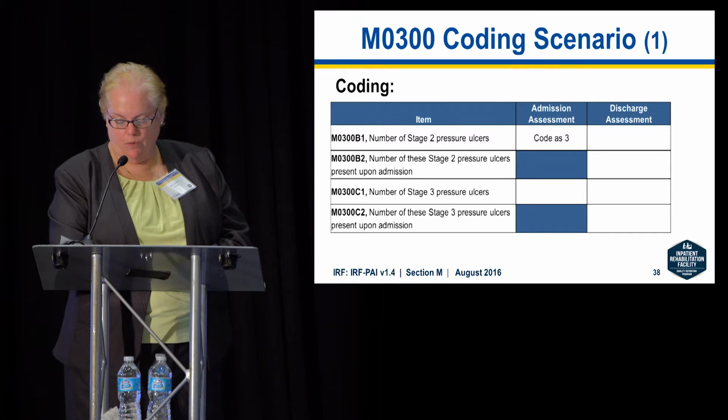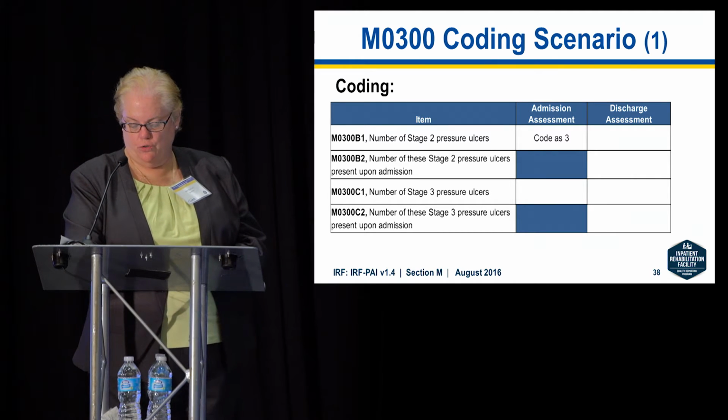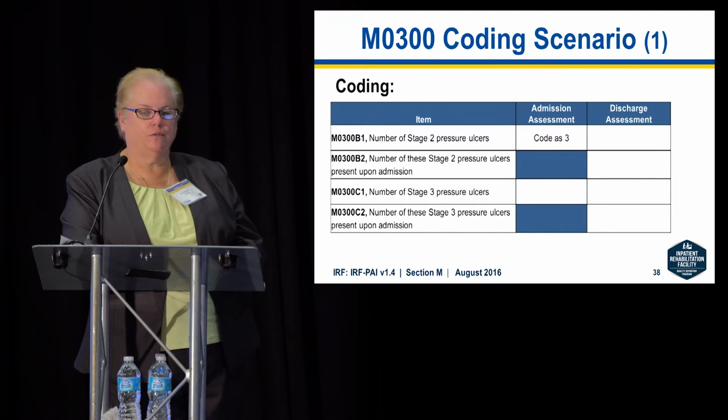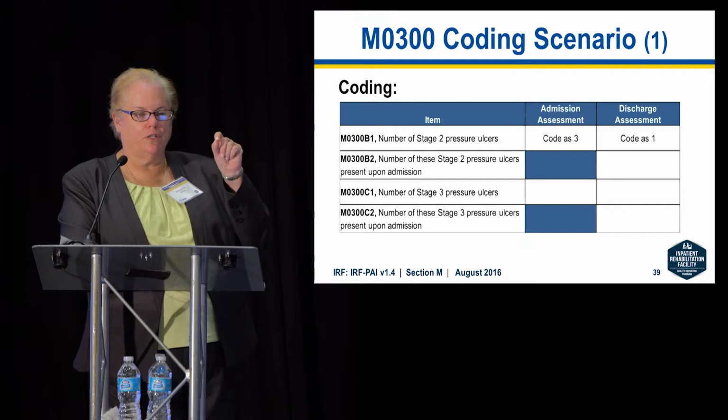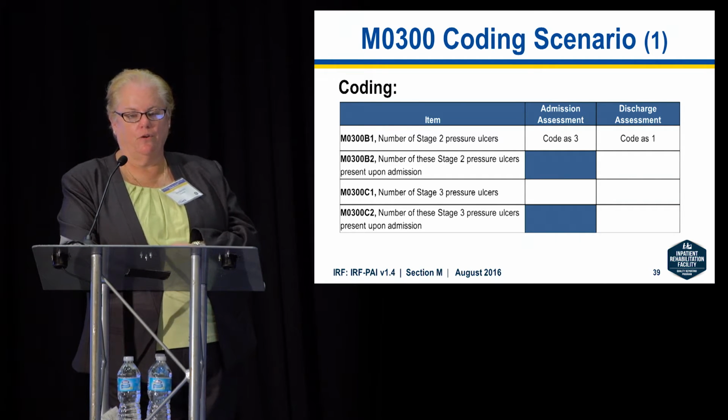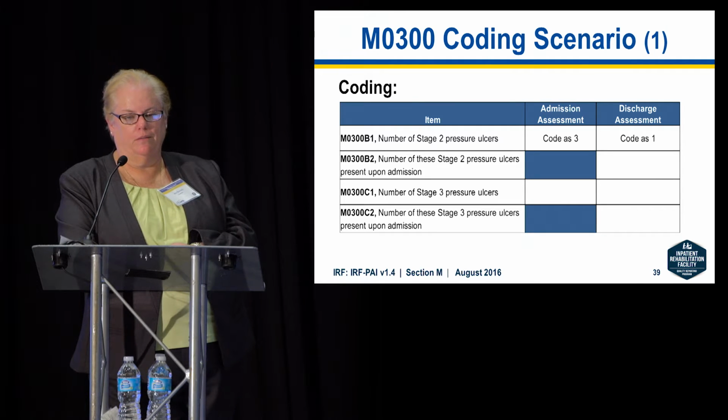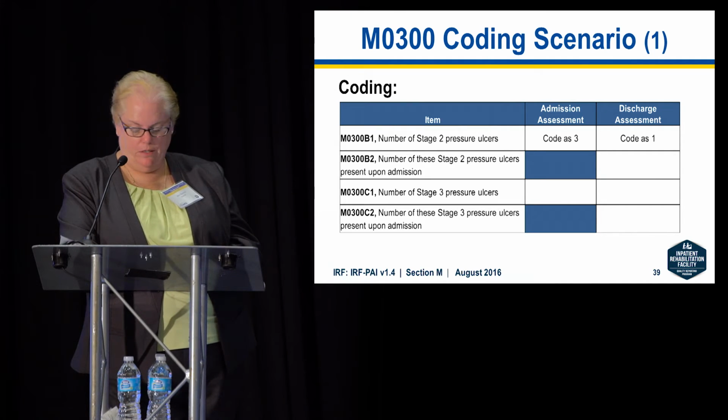So then how would you code M0300B1 for discharge? Number of stage 2 pressure ulcers on discharge. 1. And why do we have 1? Because we had 2 of the stage 2s merged together and became 1, correct? And the 3rd one became a stage 3.